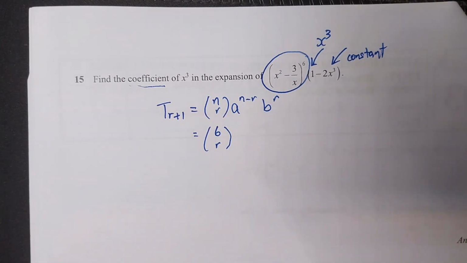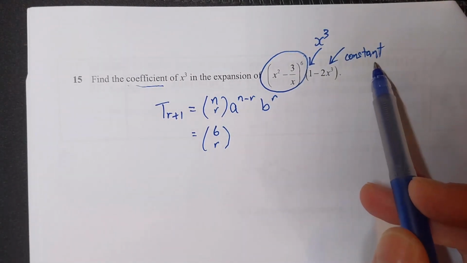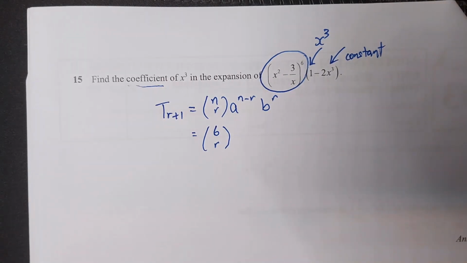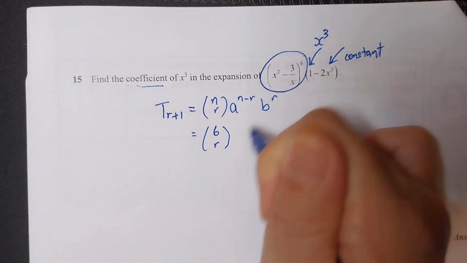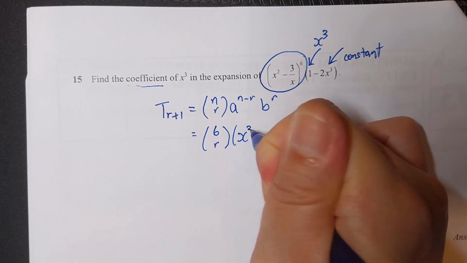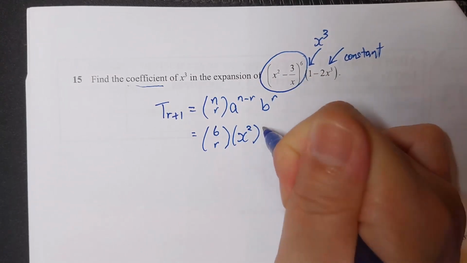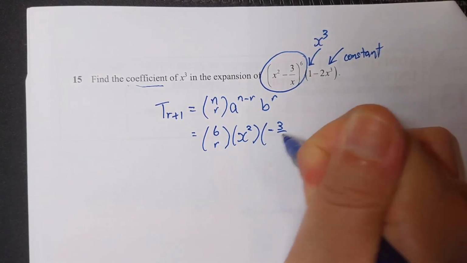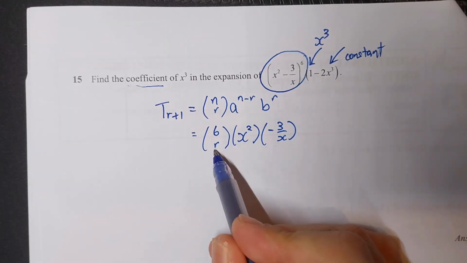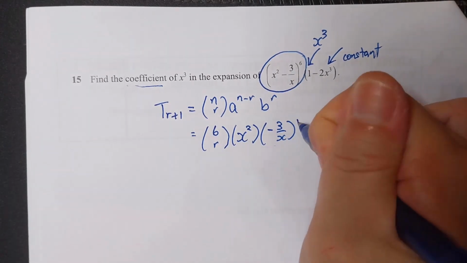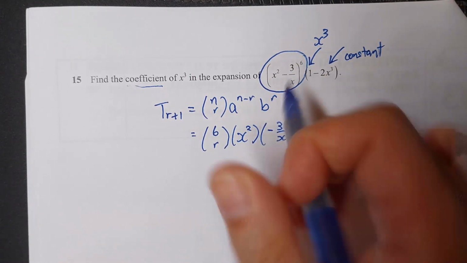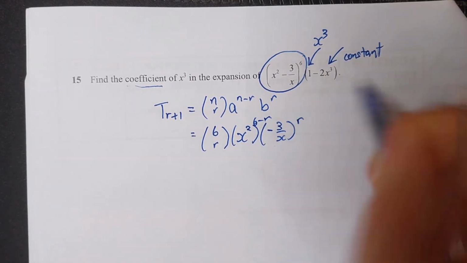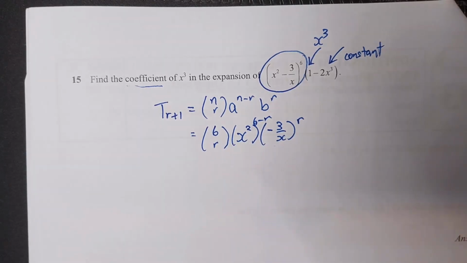Because we want the term that contains x cubed and contains the power 0 for the constant term. So let us take it as we do not know the value of r yet. a will always be the same here, will be x squared. b will always be the same, minus 3 over x. Okay, remember this is r, and this will be 6 minus r. Okay, because these two must add up to 6.